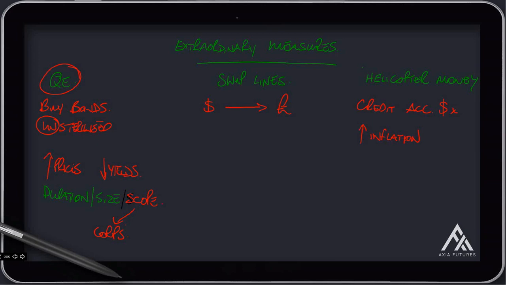The other way that helicopter money could be done is via what would be known as a zero coupon, non-callable, perpetual bond.